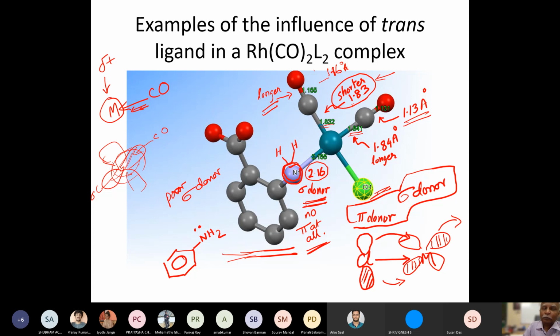The cis ligand also plays a part because the net electron withdrawing capacity of the metal is going to change if it has other ligands which are electron donating, right? So it's not just that the trans ligand has the most effect, that's what I should say.